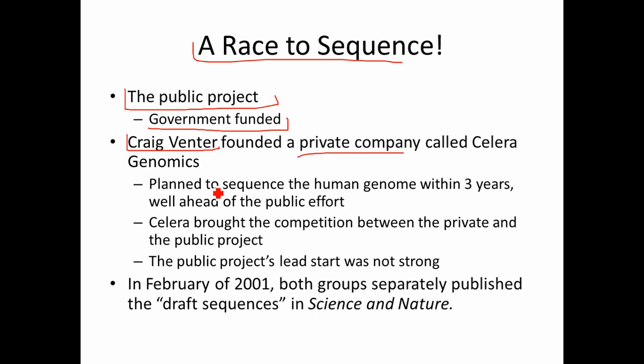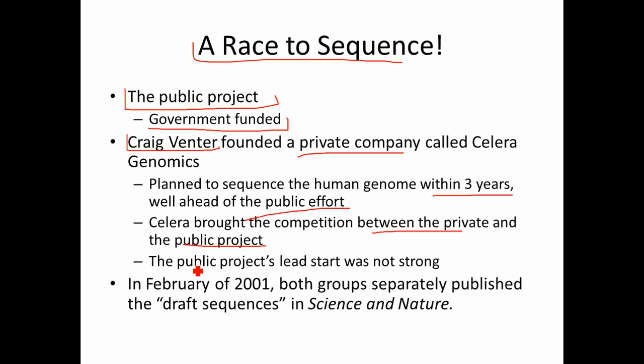Venter planned to sequence the human genome within 3 years, well ahead of the public effort. So Celera brought competition between the private and public projects and pushed the public effort to step up its game.